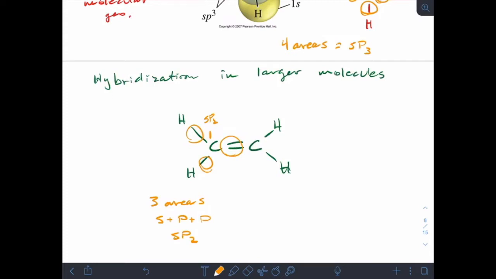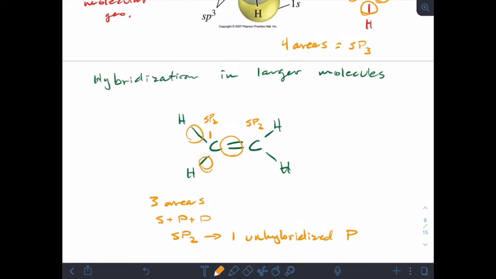And then we can look at carbon number 2 and it's exactly the same, so it's also sp2 hybridized. Now remember, sp2 has 1 unhybridized P, because remember we had 3 P's to start with.